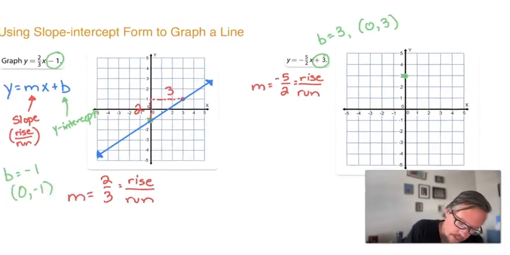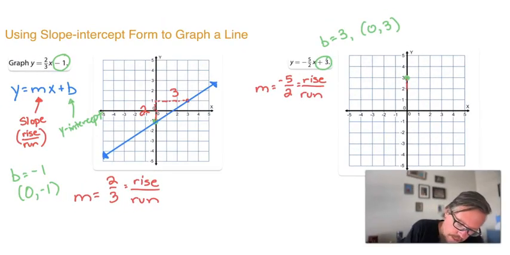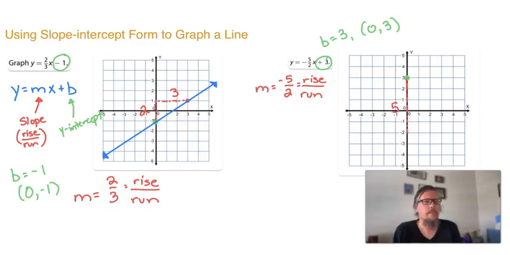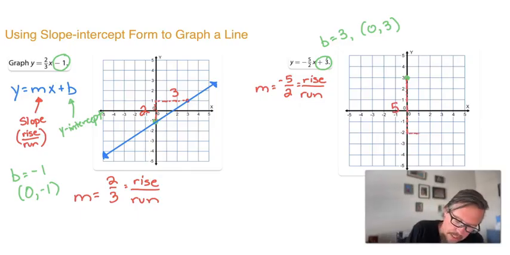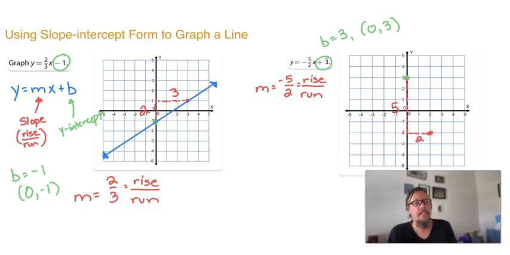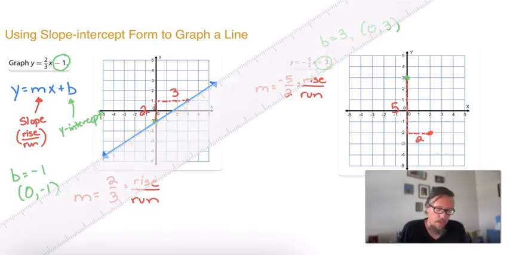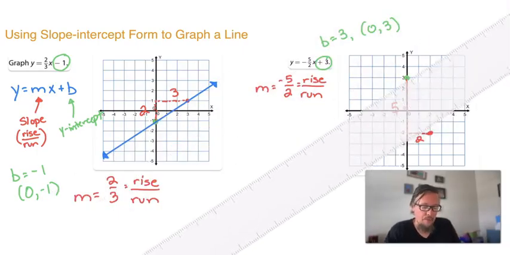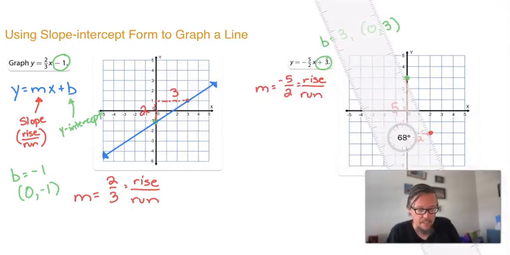So we're going to go down 1, 2, 3, 4, 5 units down. And we're going to go over to the right 1, 2 units, and there is our second point. This is going to be a much steeper line than the first one because even though it's a negative slope, 5/2 is a larger number than 2/3.